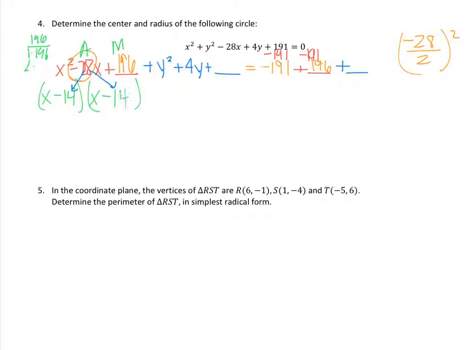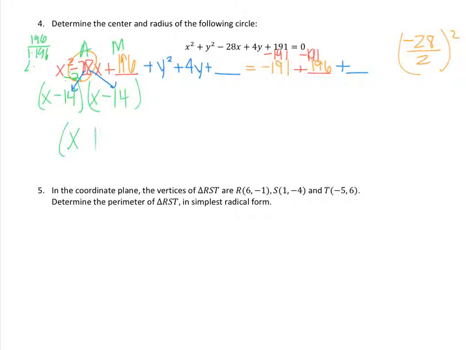This goes in both places. And you can check your math by saying, okay, negative 14 times negative 14 is positive 196. Remember, we were multiplying to 196. Good. Negative 14 plus negative 14, it adds to negative 28. Perfect. So we have our factors by simply dividing by 2.